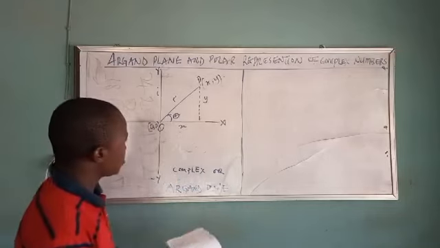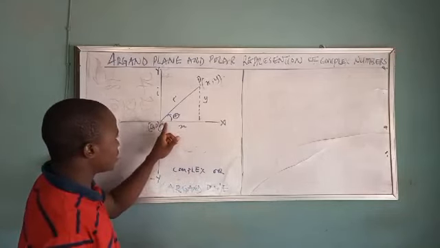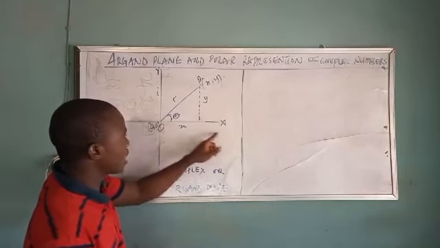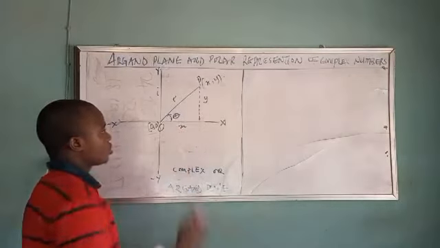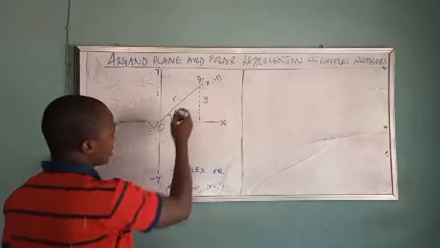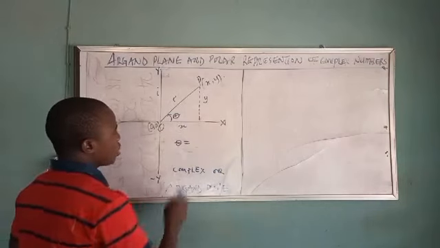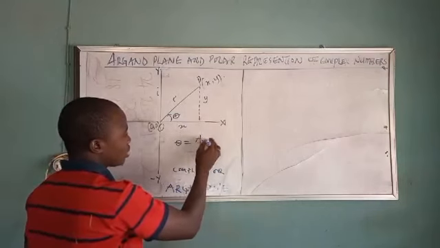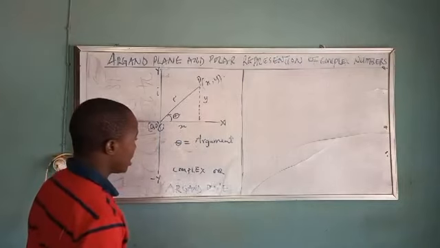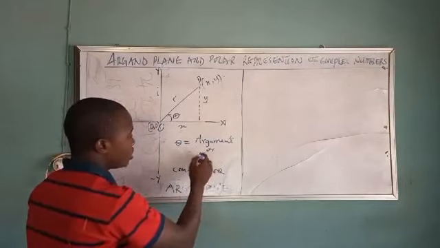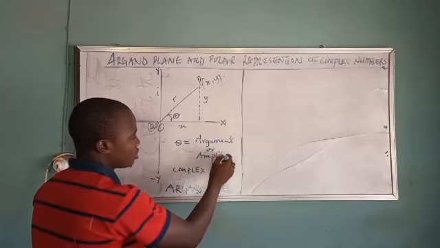You measure this theta from the axis OX anticlockwise. We call this theta the argument, because they can ask you to find the argument. We call theta the argument or amplitude.